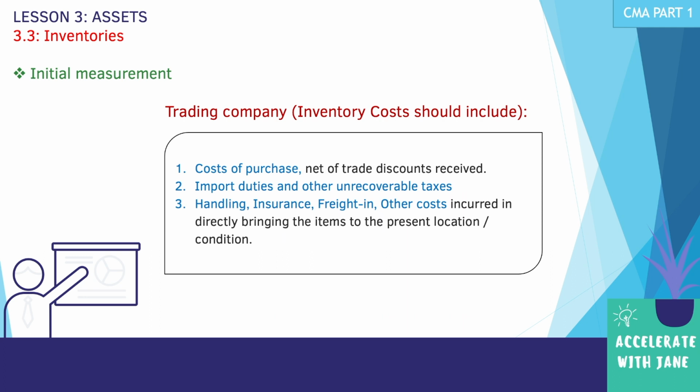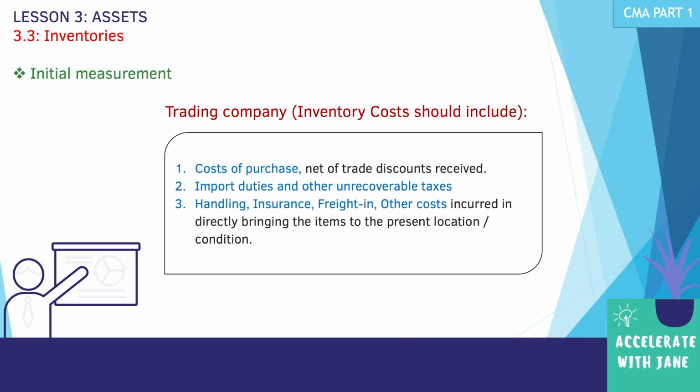right? So there's a consideration, or in simple words, money in exchange for that particular inventory item, correct? So whatever consideration or money the company pays is part of the cost of purchase. Now here, take note, we should deduct any trade discounts received.